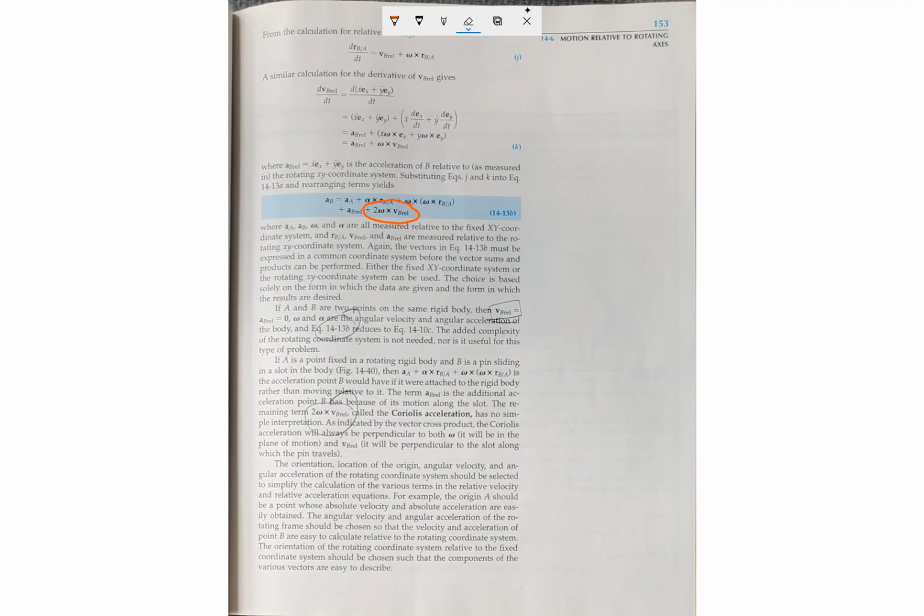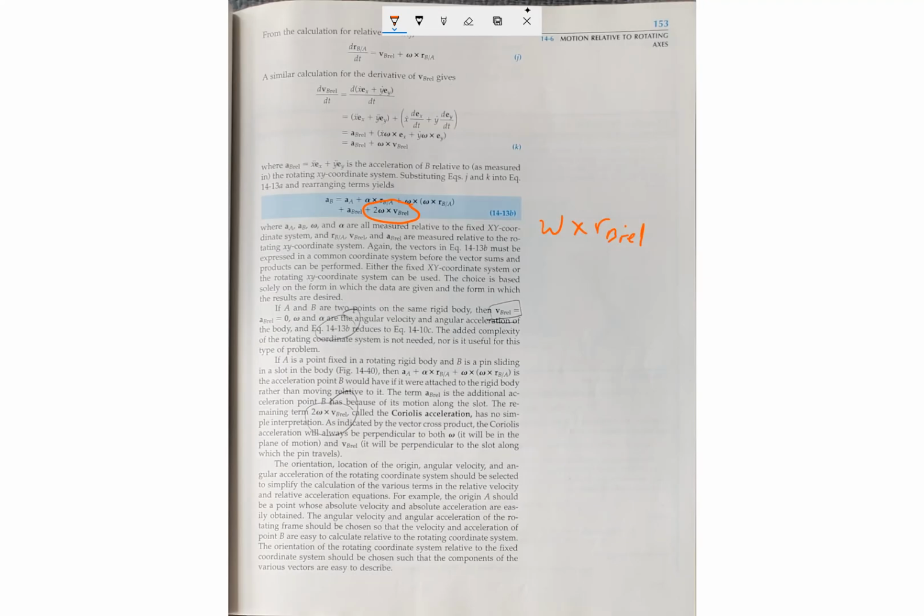So Coriolis acceleration is a tough concept to understand and interpret, but do at least see that it is kind of the acceleration version of the omega cross the position of B relative to A. Remember from the velocity?